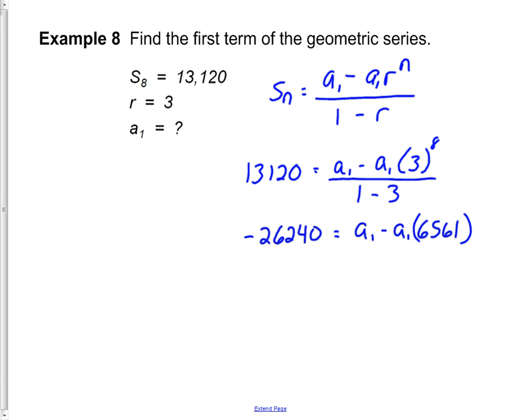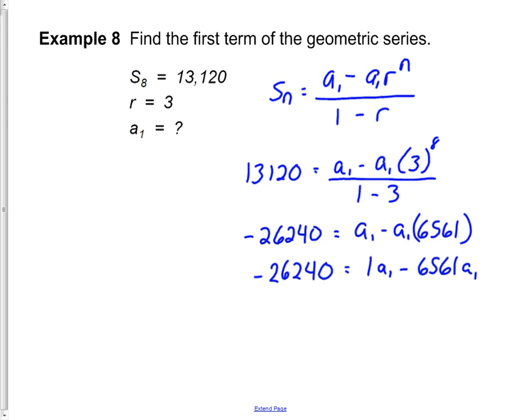So now what I got to do, since I have two a sub 1 terms, I could write it like this: 1a sub 1 minus 6561a sub 1.